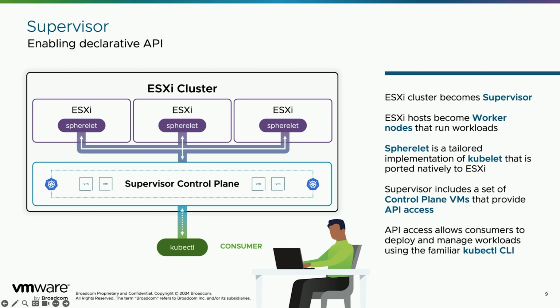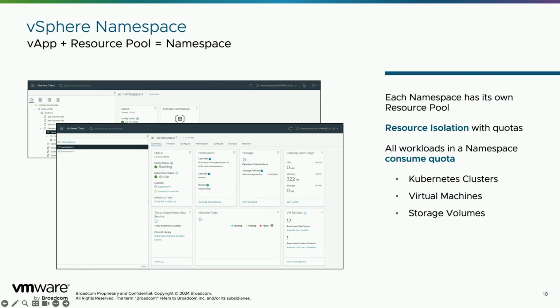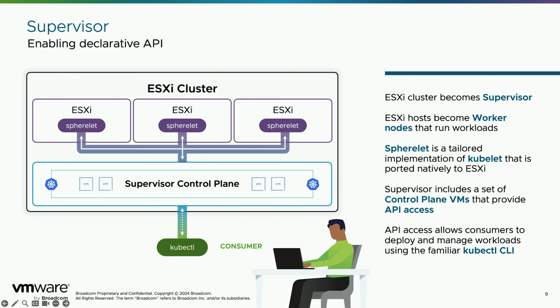And then we're deploying 3 virtual machines on top of that, called the supervisor control plane, which act as that Kubernetes control plane for our cluster. These then allow the consumer or the developer to use a standard kubectl API to interface with our supervisor and then deploy Kubernetes-based workloads directly to those ESXi hosts.